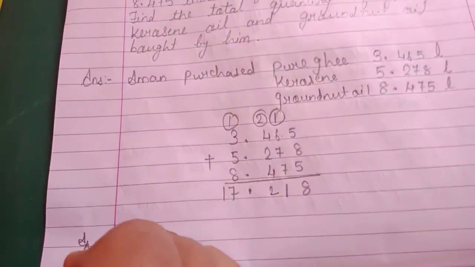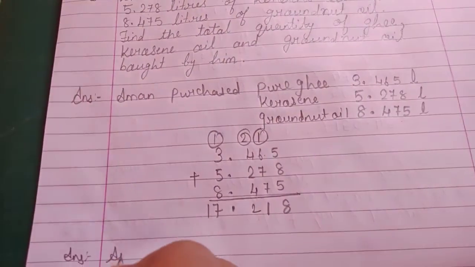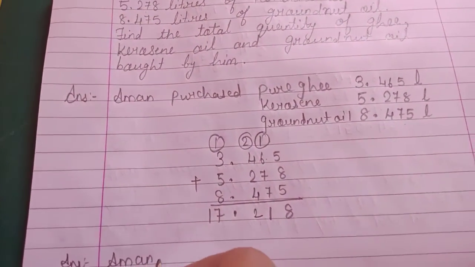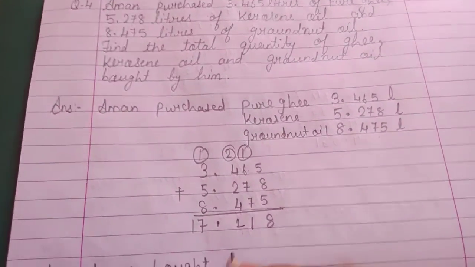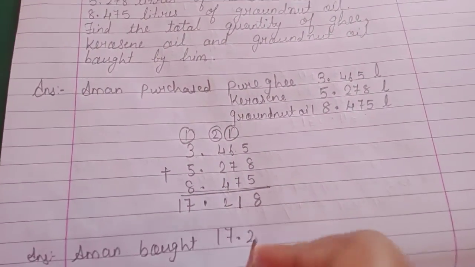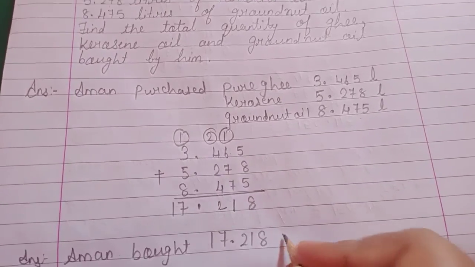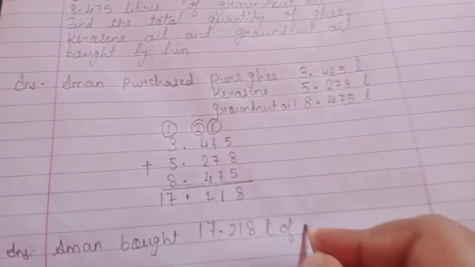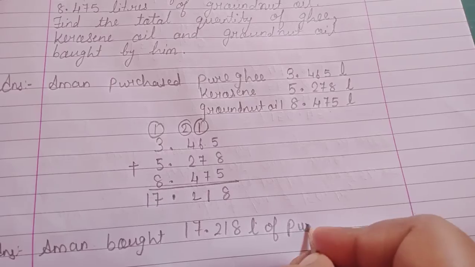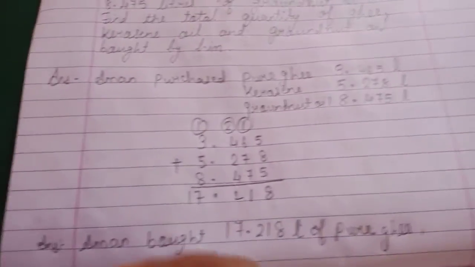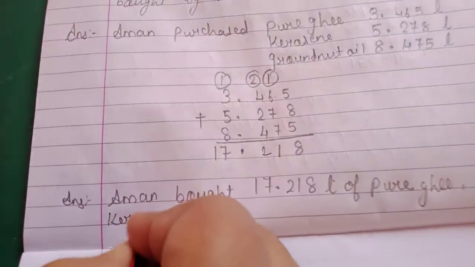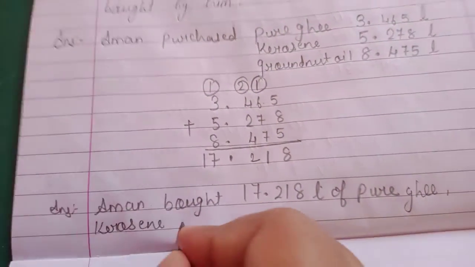So we will write Aman bought 17.218 liter of pure ghee, kerosene and groundnut oil.